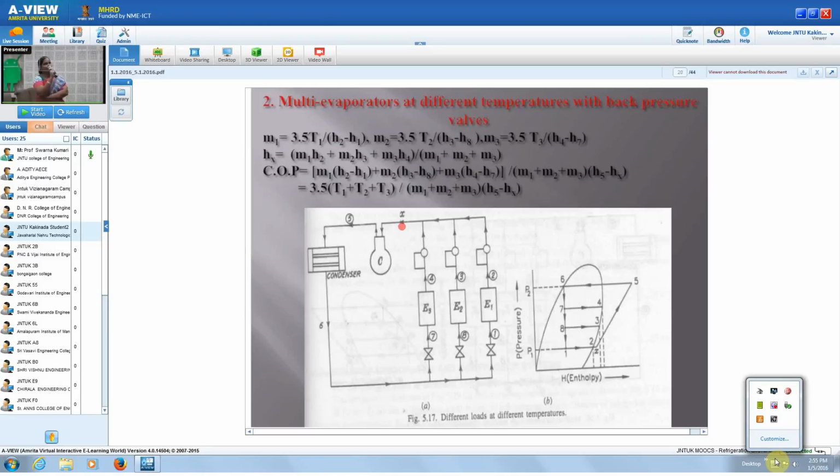So that is H3 minus H8. Okay. Plus again M3 into, in the third one, the refrigeration effect produced is H4 minus H7. So with that we are able to find out COP of the multiple evaporator system.